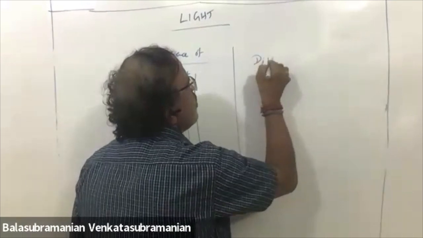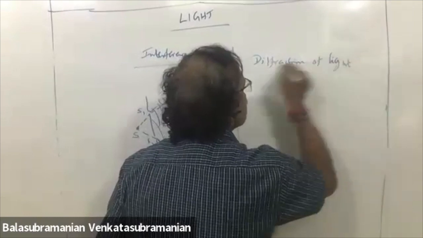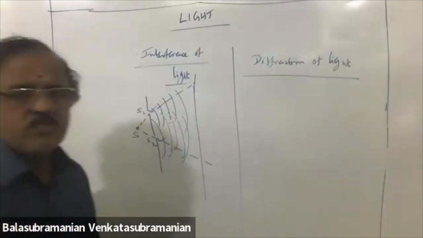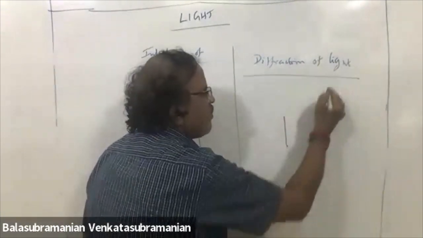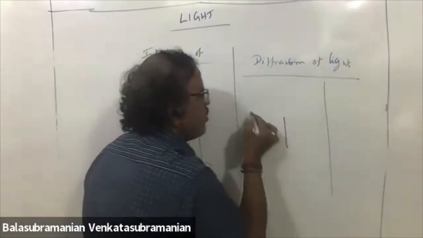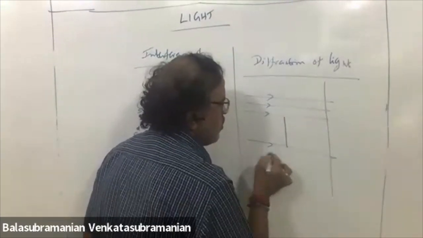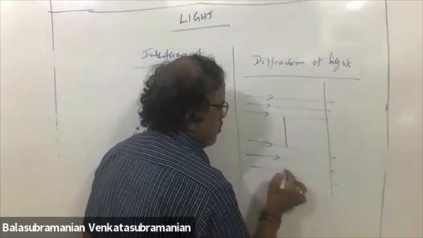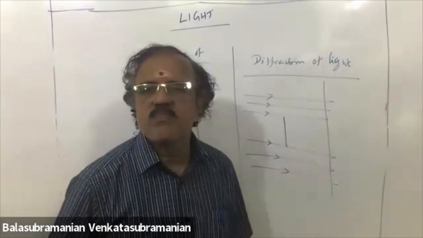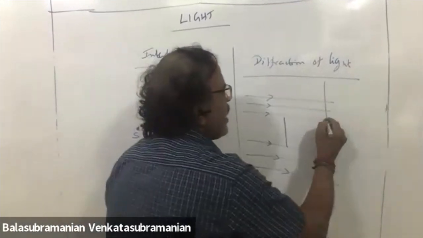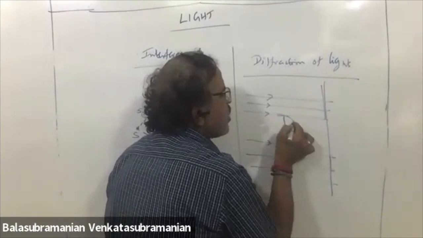Next, diffraction of light. Only the definition we are seeing. Here we have an object, and here we have a screen. Allow the light to pass through. Here and here you are getting light, no problem. But here the light rays are bending.